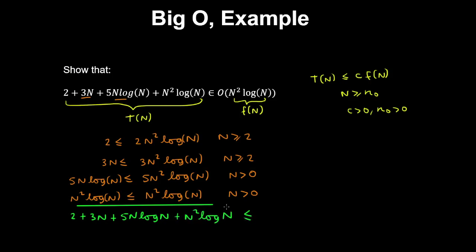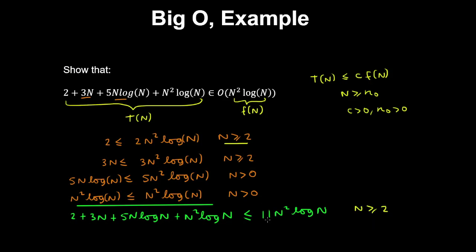And on the right hand side we have 2 plus 3 is 5, plus 5 is 10, plus 1 is 11, n squared log n. And this equation holds for n greater than or equal to 2.